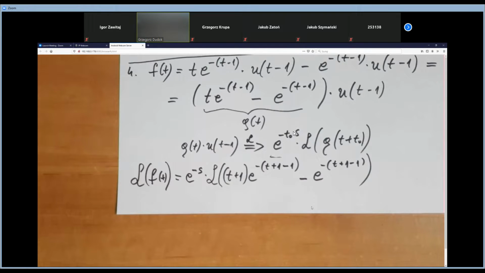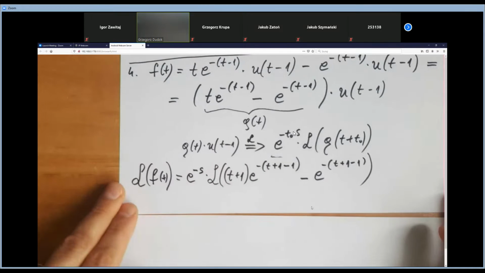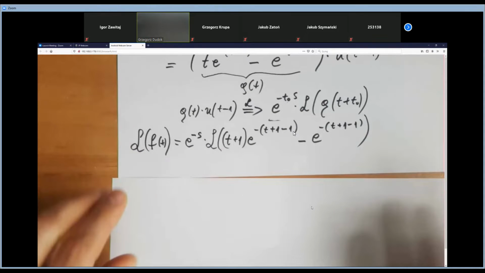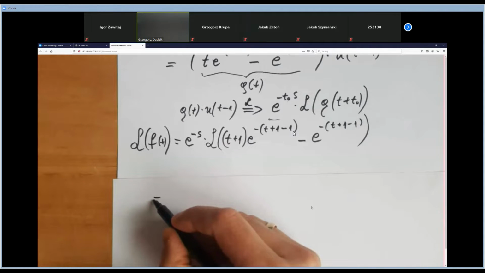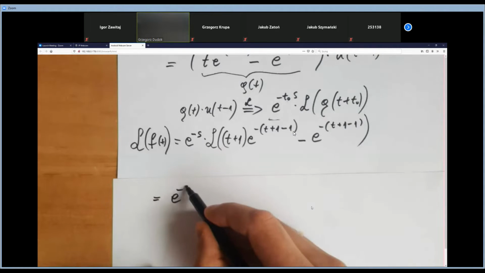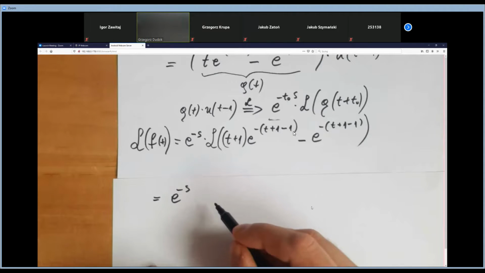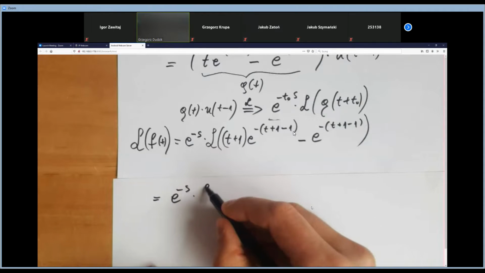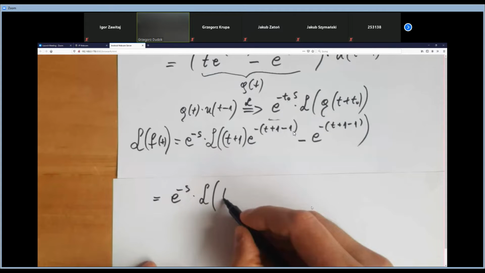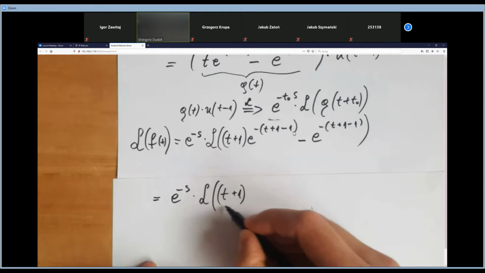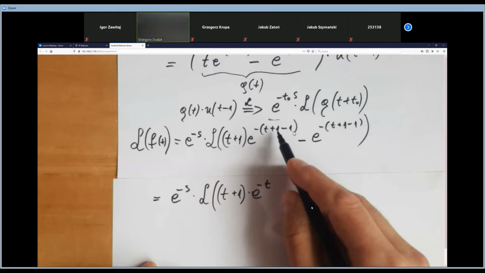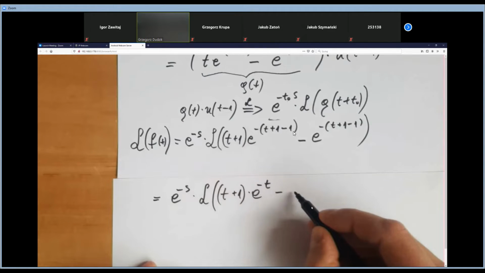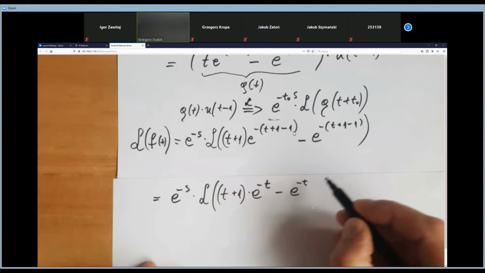Okay. Got it? So this is equal to e to the power of minus s times the Laplace transform of (t plus 1) times e to the power of minus t minus e to the power of minus t again.